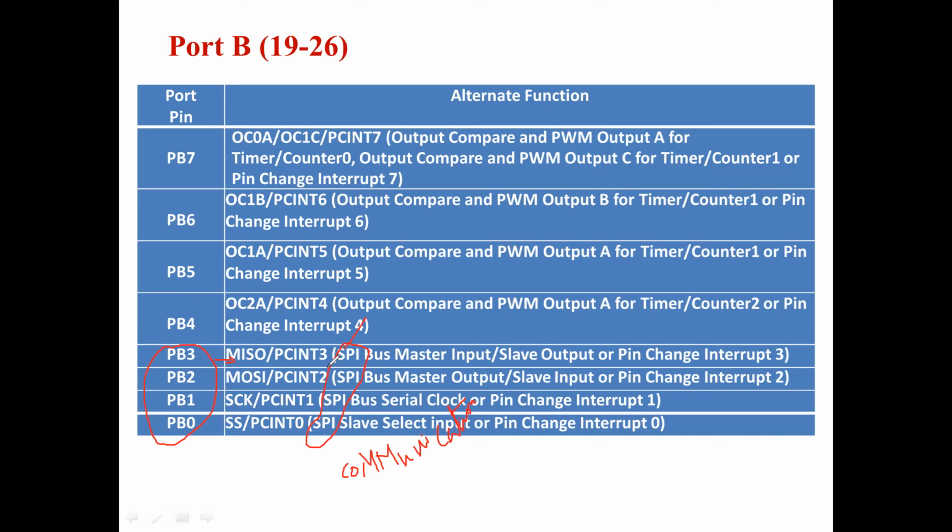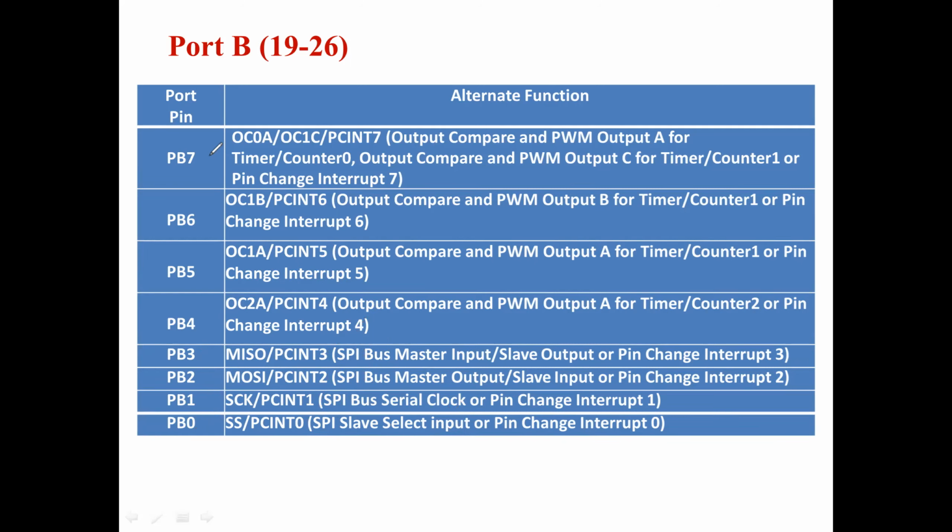You are going to send the data serially from one device to another, from the controller to some other controller or other devices. The other devices should be compatible with SPI interfacing. Only then can they communicate. This is the point I would like to say.